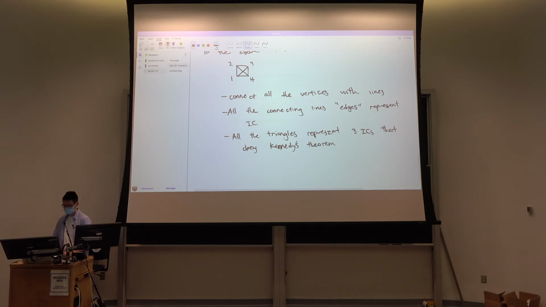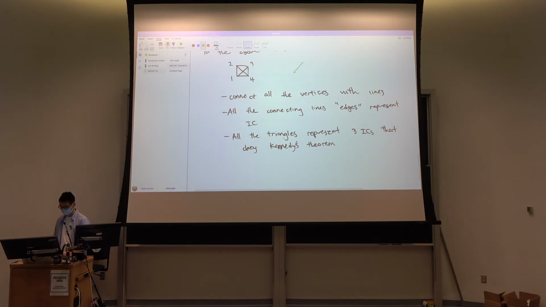So if you take any 3 vertices of your polygon and you look at the triangle associated with them, then that triangle has the 3 instant centers that obey Kennedy's theorem. And that goes for all the triangles that you could create.